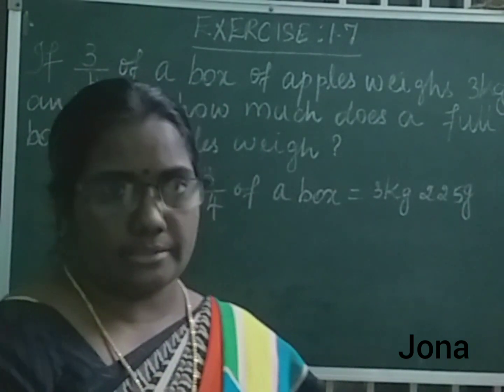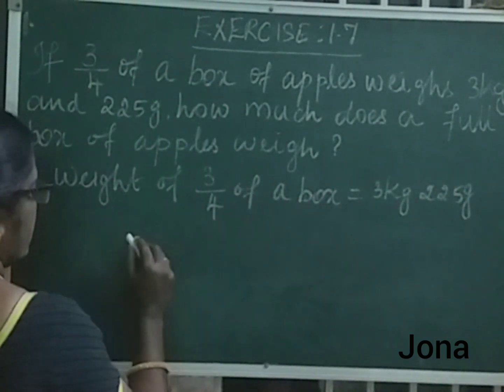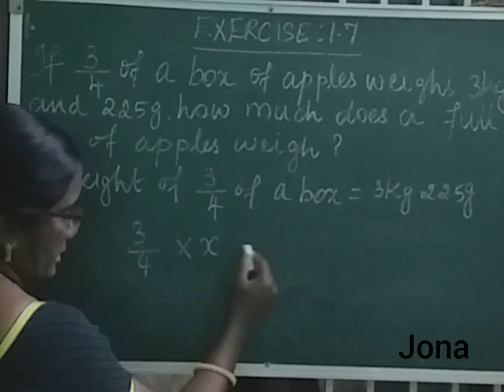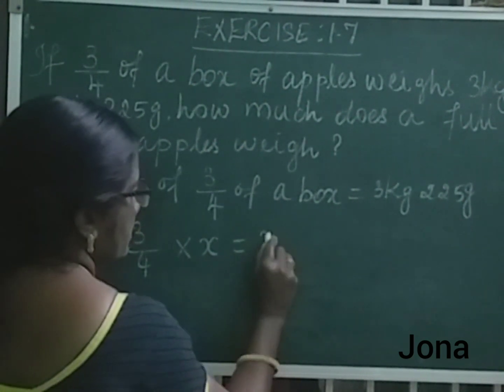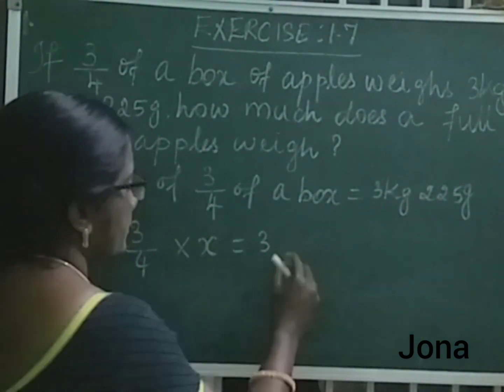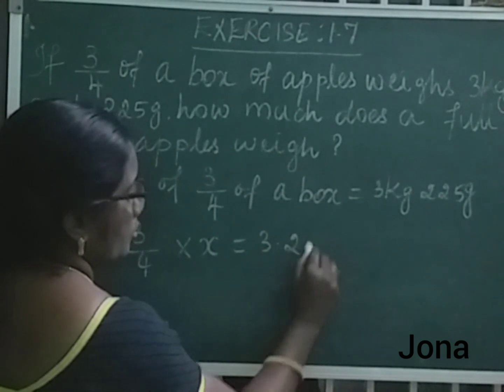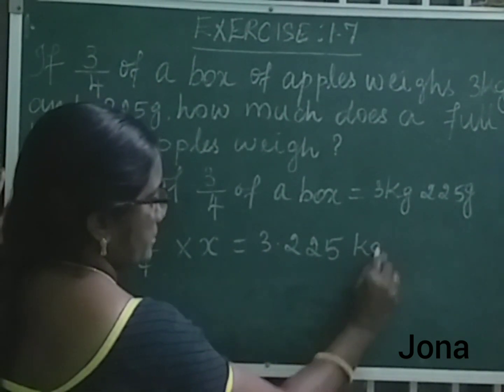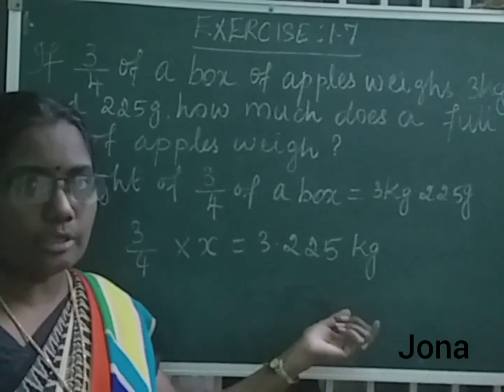Let it be x. So 3/4 of a box is x, equal to 3 kg and 225 grams, which can be written as 3.225 kilograms. I want to convert this into kilograms.